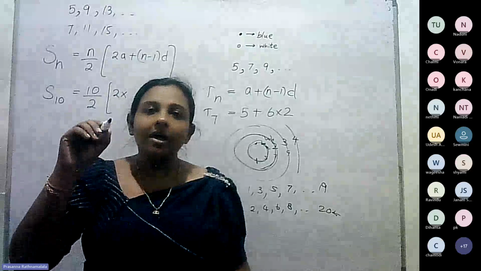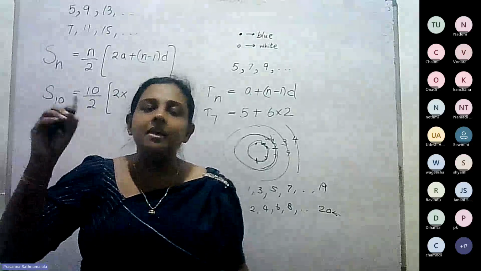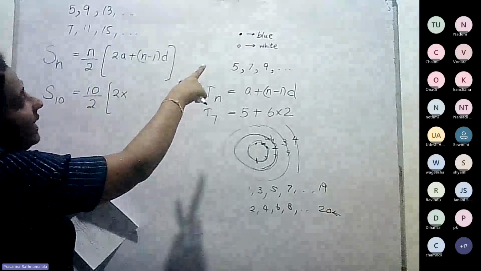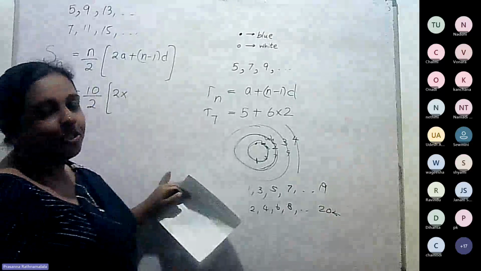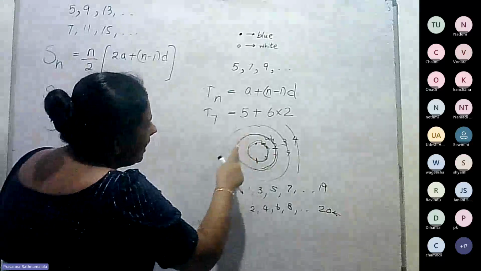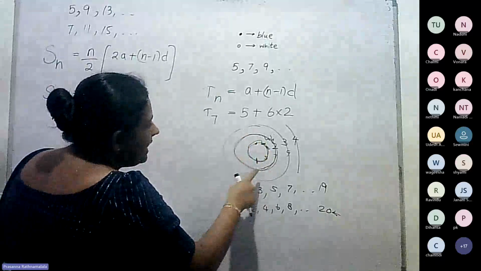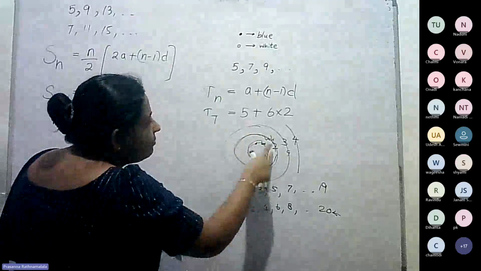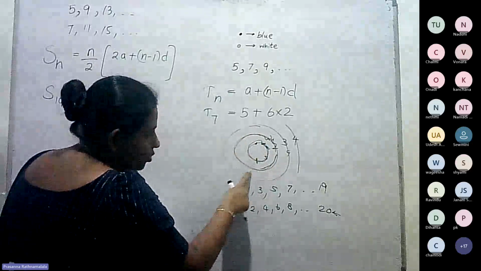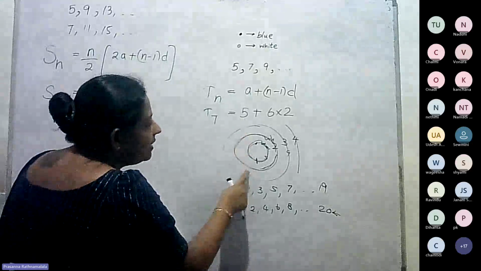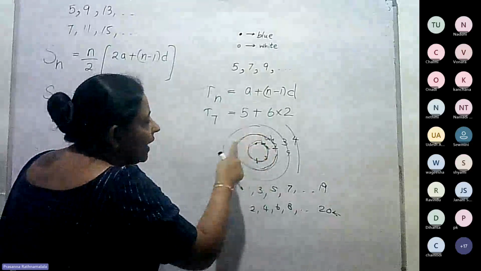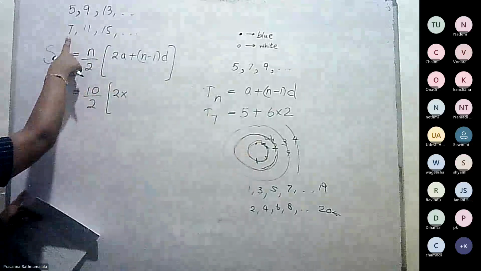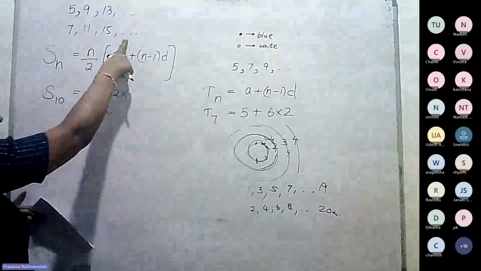You consider the circles with the students who wear white color costumes. How many students are in this first circle? This is the first circle, the first white circle is here. Then you find the number of students, which we already found: that is 7, the first term of this number pattern.